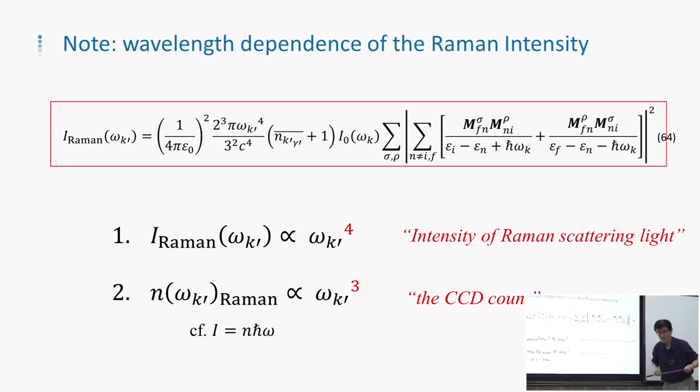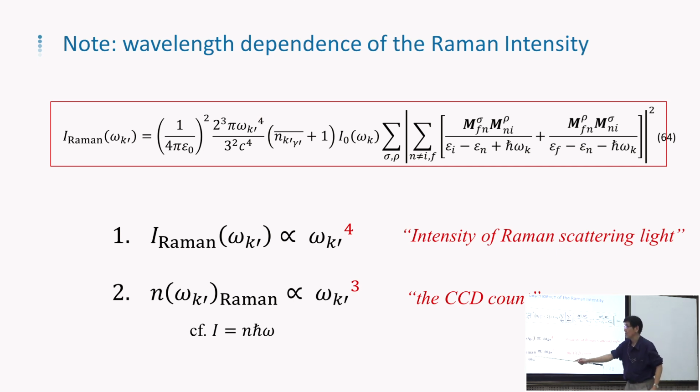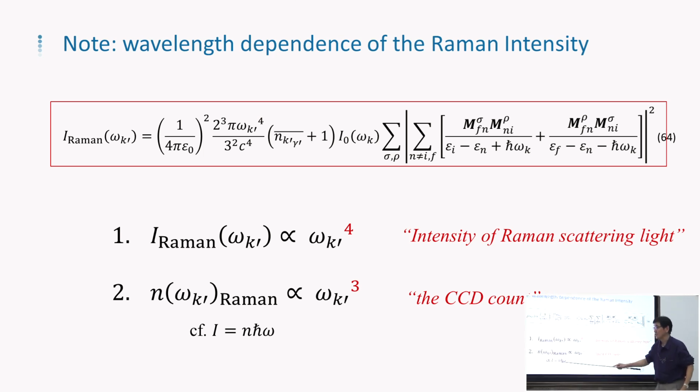Please remember, in many cases, we record Raman scattering using a CCD detector. That is an instrument to convert the photon energy to electron energy. So the CCD detector counts up the number of photons. In this case, we should consider the relationship between the light intensity and photon energy.